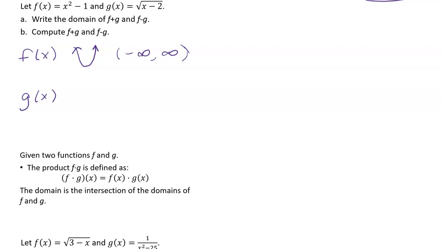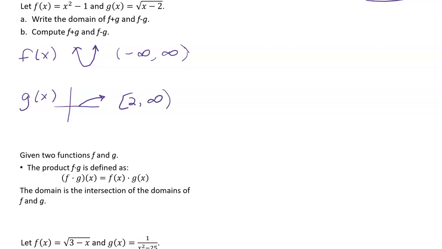And for g of x, that's a square root function, so it's going to have this look to it where it shoots off to the right there. You maybe want to put that on Desmos if you're having a hard time thinking about that graph. And my domain for that particular function is going to be bracket 2 to infinity.